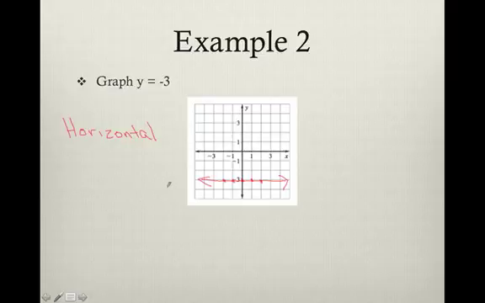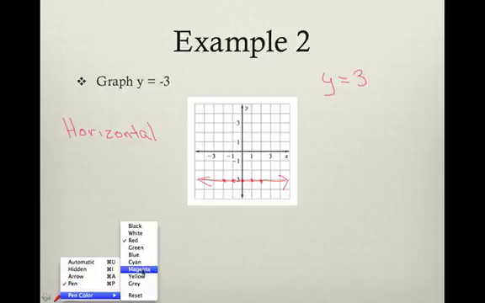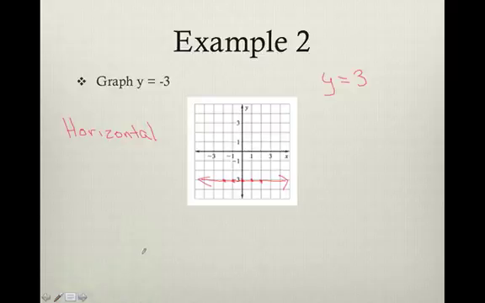Now I want you to think what you think y is equal to +3 would look like. What would y is equal to +3 look like? Let me see if I can change my pen color. See what blue looks like. Okay, y equals 3.